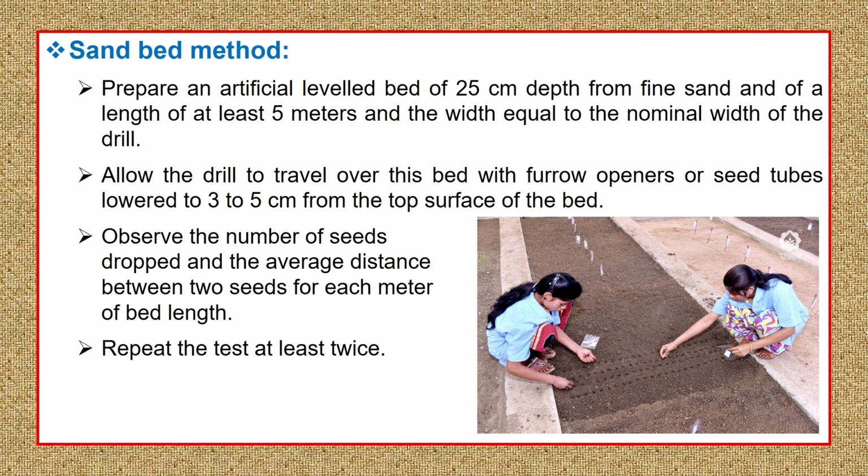What you are seeing on the screen is just a sand bed, not exactly the one which we use for assessing mechanical damage with the help of a seed drill, but it will look like this.